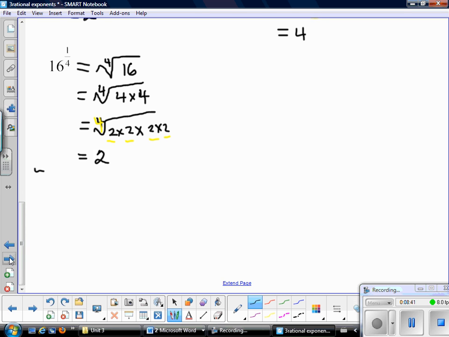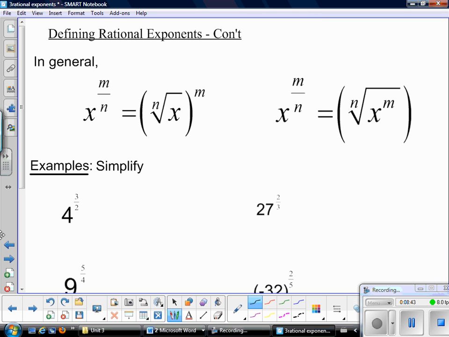All right, so now let's take a look at some other stuff. Defining rational exponents, continued. So we're still defining them. So in general, what happens if I have a base to the power of a rational exponent? Notice this time my numerator isn't a 1, it's an integer, so m over n. What that means, again, is the denominator is in the crook of the root sign, and my m can be put in a couple of different places.